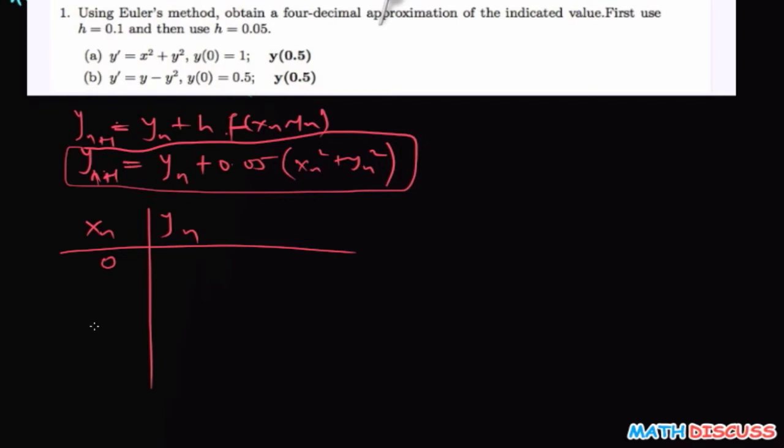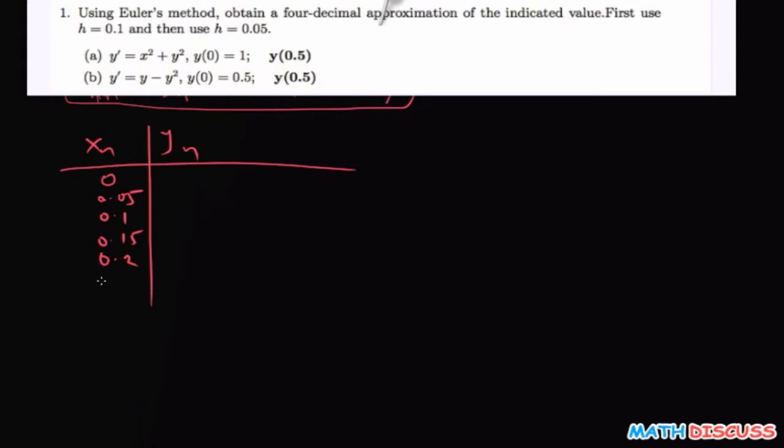To get the 0.05, what we'd use is 0.05. The next one is going to be 0.1, 0.15, 0.2.